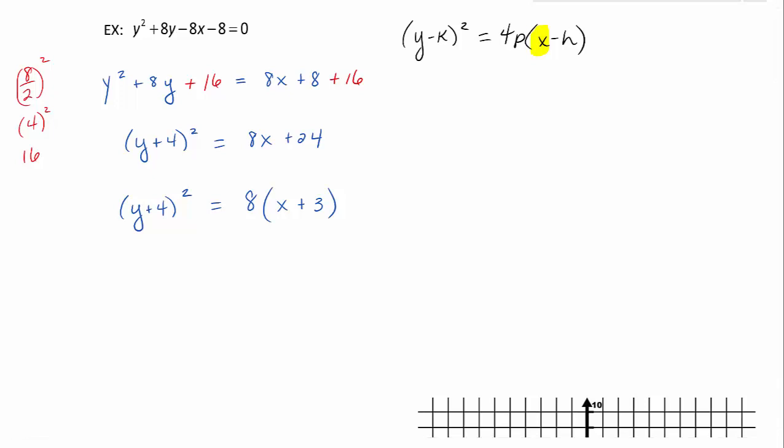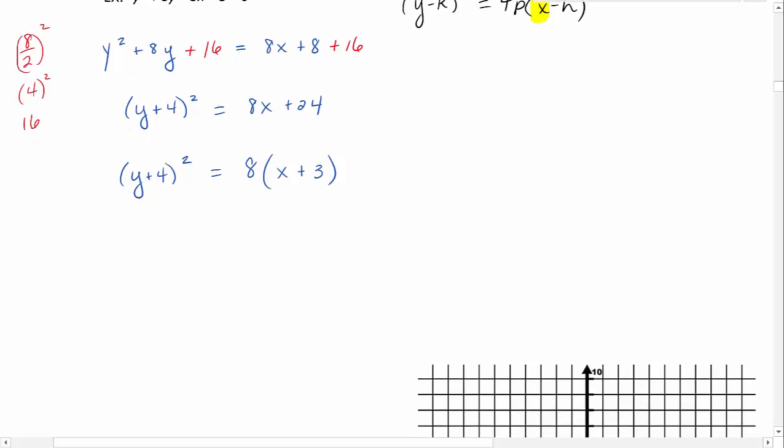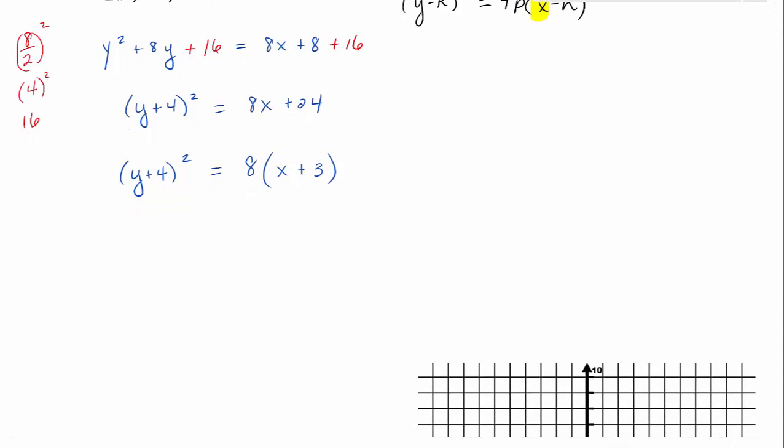We can, from here, identify our vertex. Remember, h is with x and k is with y, so our vertex is -3, -4. We also need our p-value, and we're going to be using this right here to get our p. We know that that is equal to 4p by our standard form.